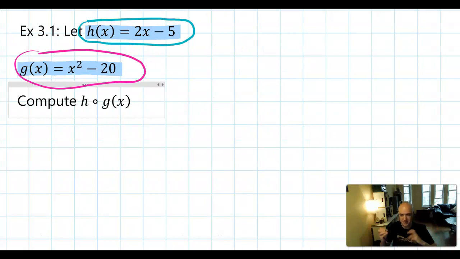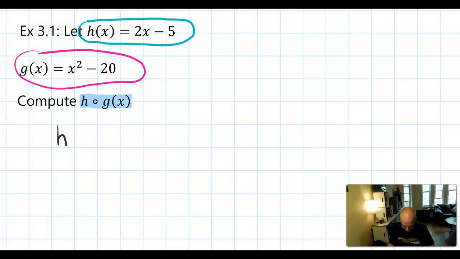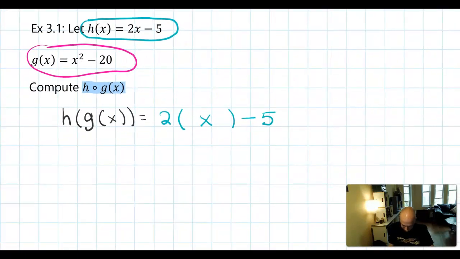We can also compute this in the other order. So we might be asked to compute h of g of x. I'm going to keep the same sort of color coding scheme, but when you see h of g of x, this is saying to do the functions in this order. So in this case, h is the outside function, so I'll write 2x, I'm leaving a big space for x, I'm just writing the outside function, minus 5, because I'm going to erase that x and replace it with the equation for g of x.